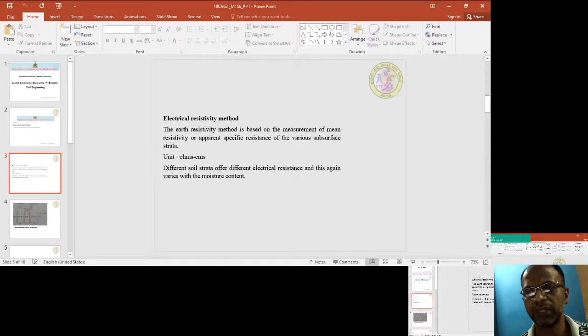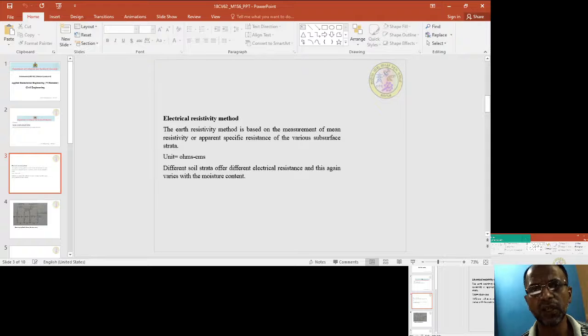Electrical resistivity method. This method is also called the earth resistivity method. It is based on the mean resistivity, or apparent specific resistance, of various subsoil strata, and it is an indirect method of assessing the behavior of the soil.